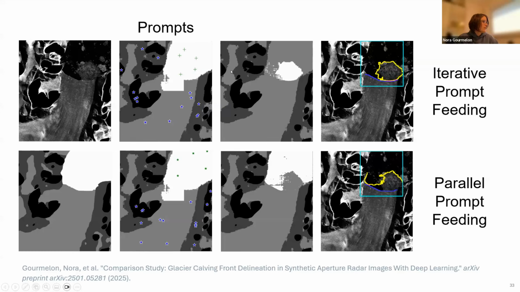On top, we have the iterative prompt feeding, and on the bottom, we have the parallel prompt feeding. And you can see here the segmentation outputs. And from that, after post-processing, the extracted calving fronts in blue, and in yellow, the ground truth again. And you can already visually tell that it's not working so well.